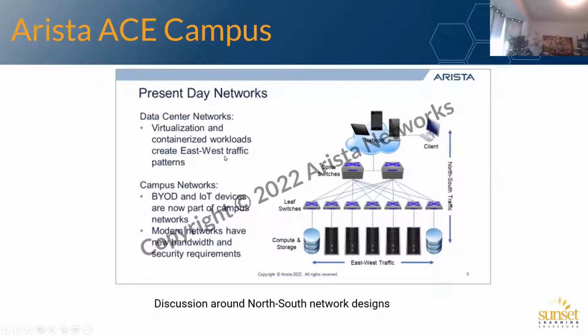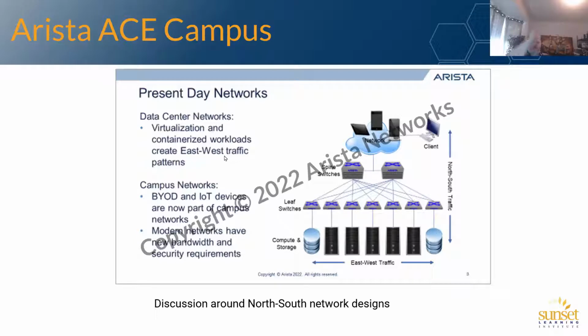a different way of doing things, right? So present day networks. Well, again, if you don't know, Arista came from the data center side of the house. And so in the data center networks, a lot of modern networks, now we talk about virtual machines and being able to move virtual machines from one host to another through the data center, right?